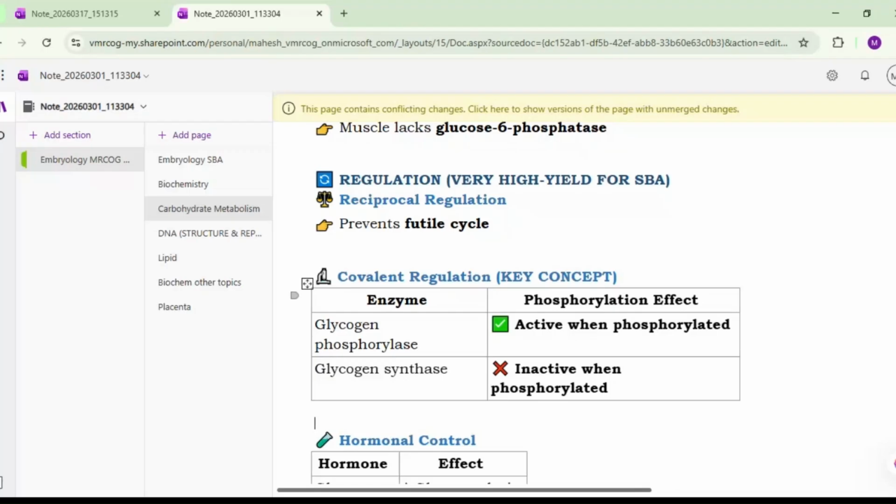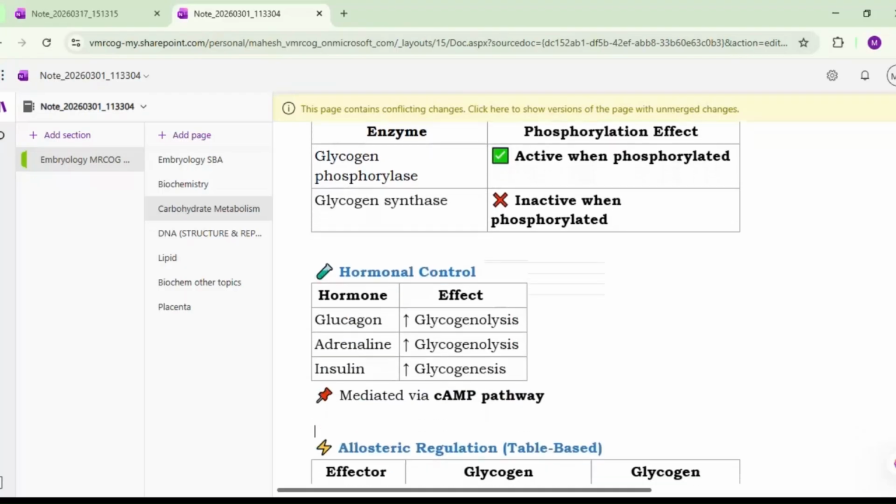It will get phosphorylated and lead to glycogenolysis. While glycogen synthase, when it gets phosphorylated, becomes inactive. So it will stop glycogen synthesis. That is how you maintain the level.